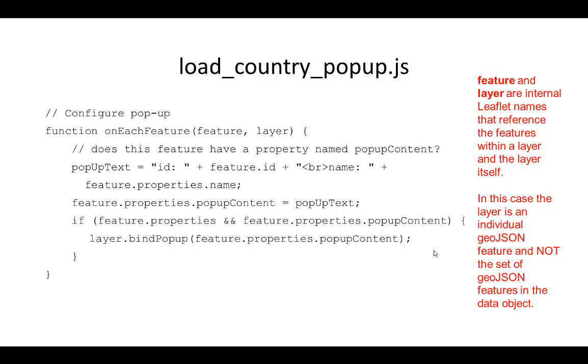Then we're going to have a carriage return, that's just HTML. Then we're going to have name, colon, and then we're going to get the feature, the properties, the name. So the ID is just the integer ID of the feature, and feature properties name is the name attribute of that country.